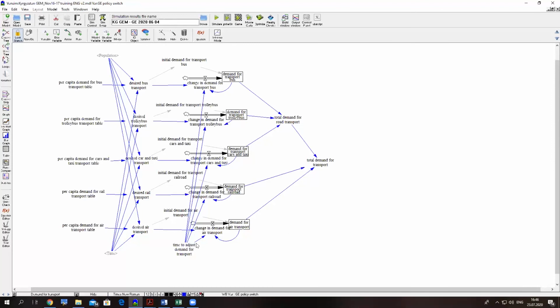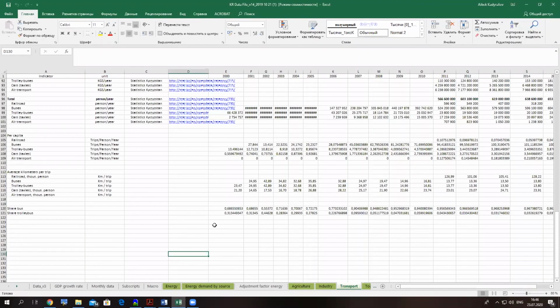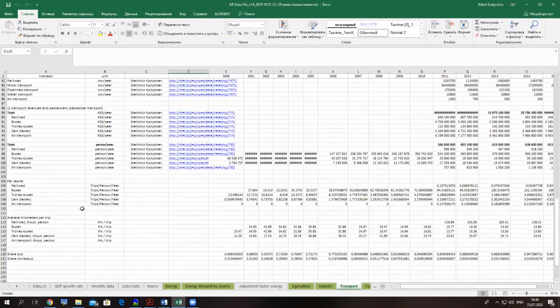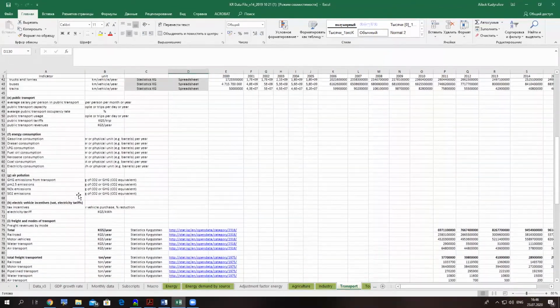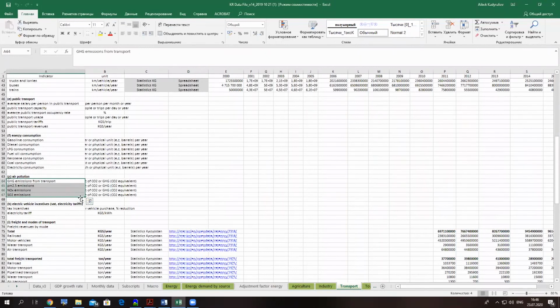And another question, I noticed in your table that you have the following variables related to air pollution, emission from transport, but there is no data. You couldn't find it, right? Or it's not necessary? Correct. Yes, there was no specific information.